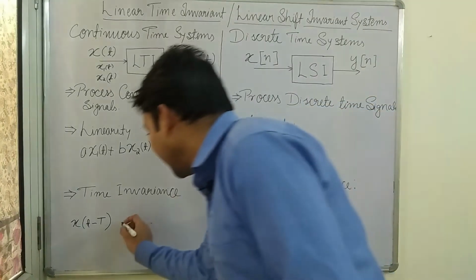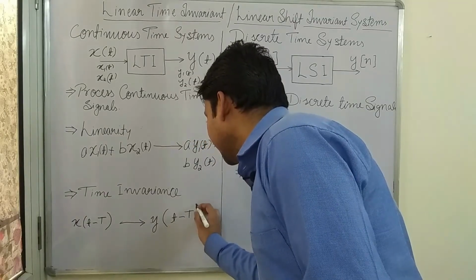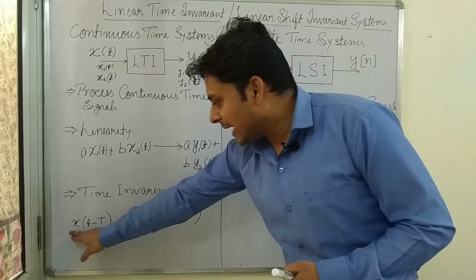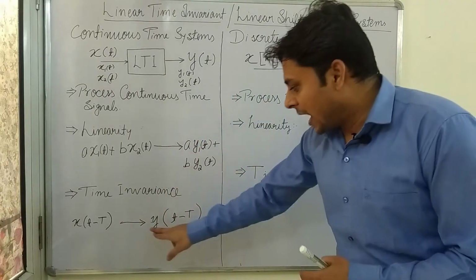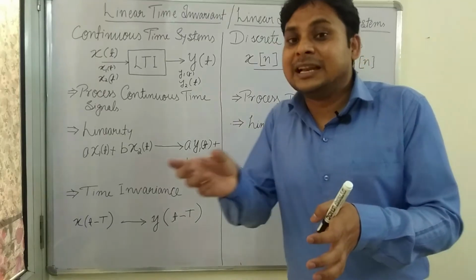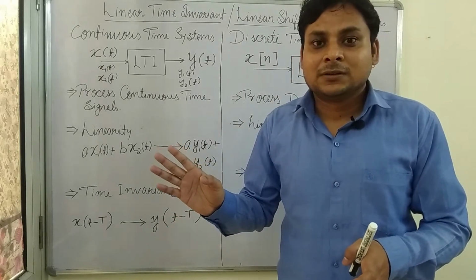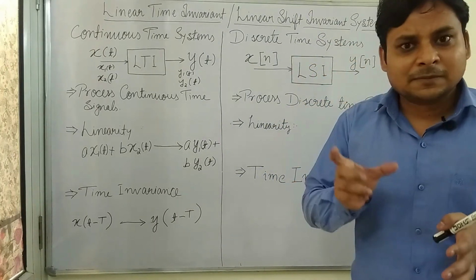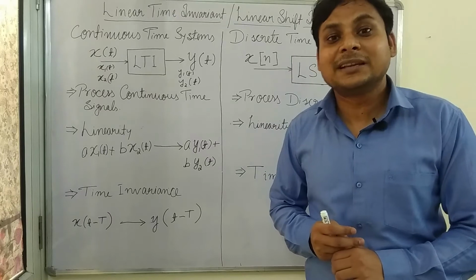It will give the corresponding output y(t minus T). So in any system, if we change the input to x(t minus T) in place of x(t) and it gives the output y(t minus T), it has given the same output but delayed by T. So the characteristics are not changed when we delay the signal. With time, the characteristics of the system are constant. These kinds of systems are known as time invariant systems.